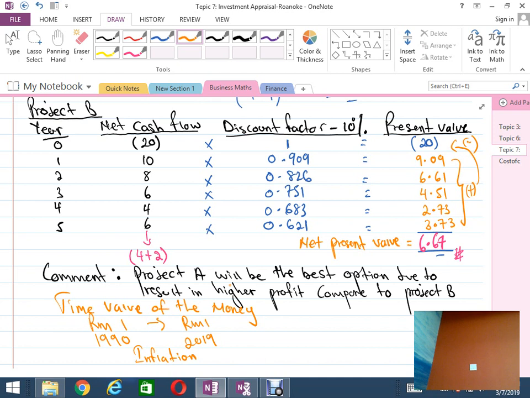Second year, 0.694. Then the next, 0.579. Then 0.482, then 0.402.